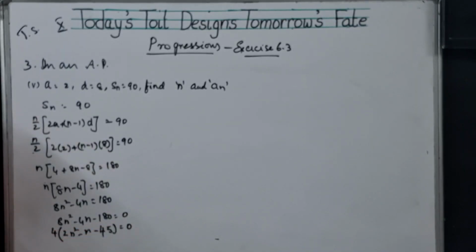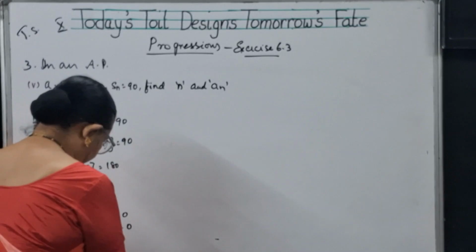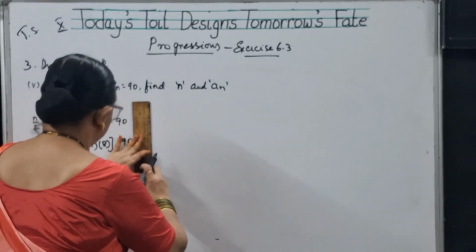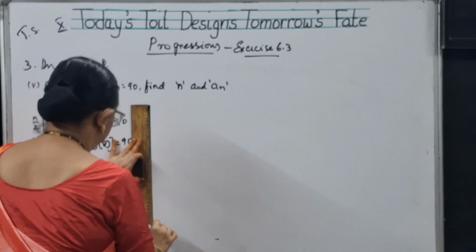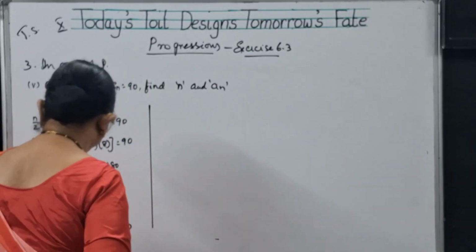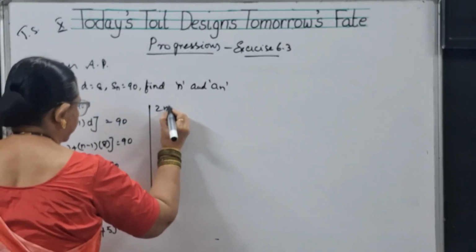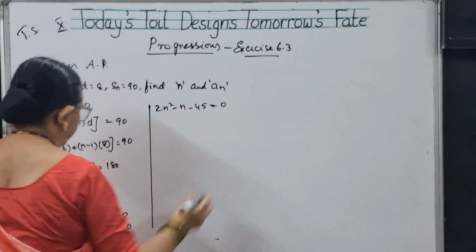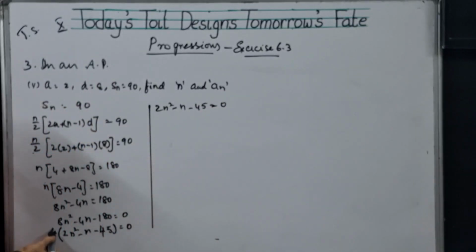When I send 4 here, 0 by 4 is 0 only, and I get a quadratic equation: 2n square minus n minus 45 is equal to 0.